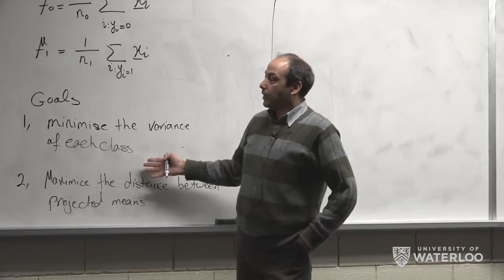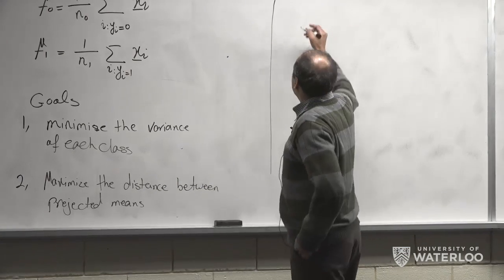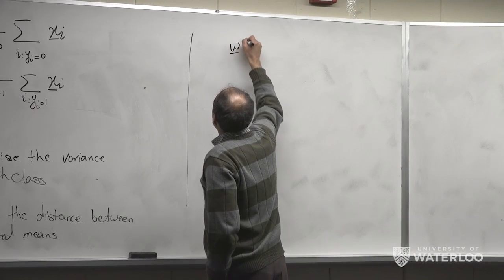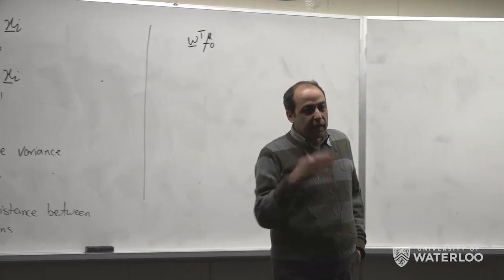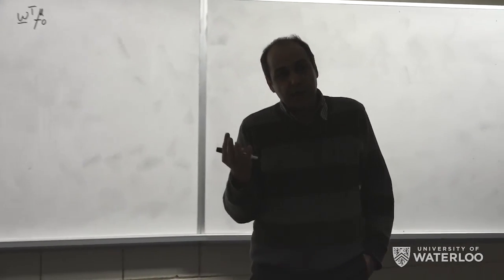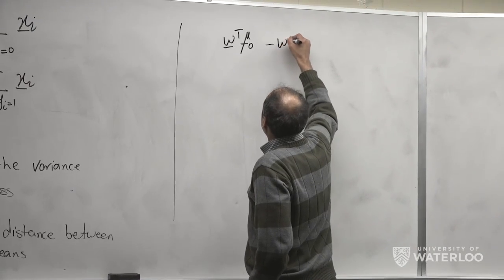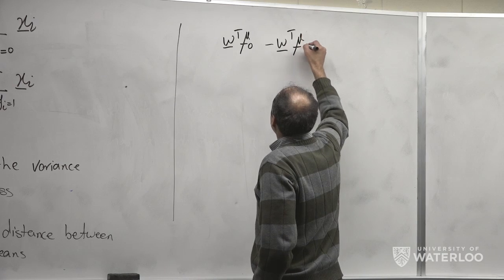So the first class has been projected to direction of W. So the projected mean is W transpose mu0. Second class has been projected to direction of W. So the mean of projected points in the second class would be W transpose mu1.